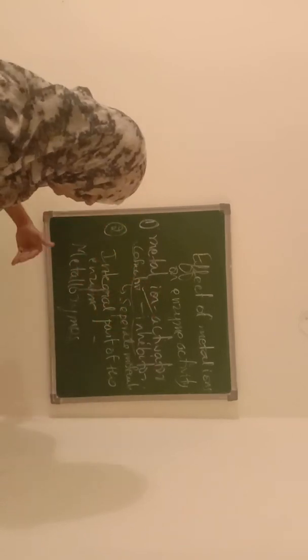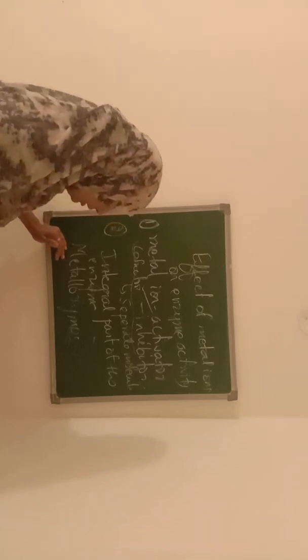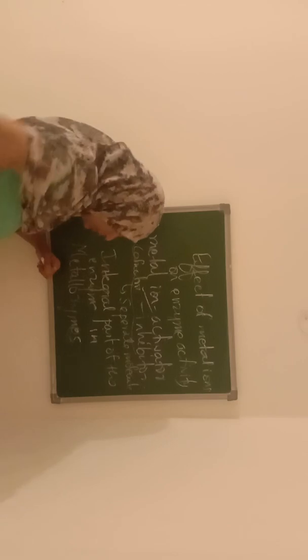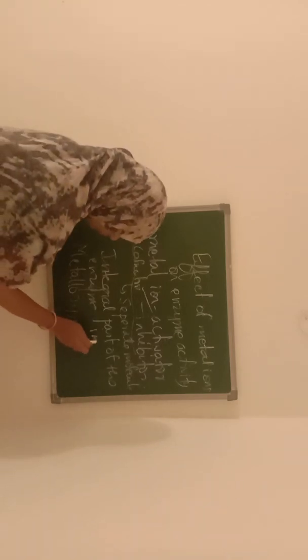In the second effect, some of the metal ions are present as an integral part of the enzyme, for example in metalloenzymes. There, if you remove the metal ion, it will completely denature or destroy the enzyme activity. So metal ions are an integral part of the enzyme in metalloenzymes.